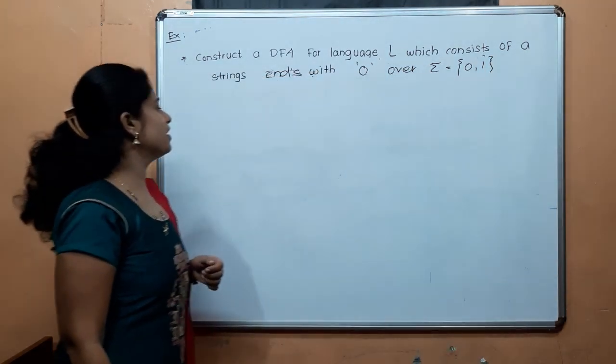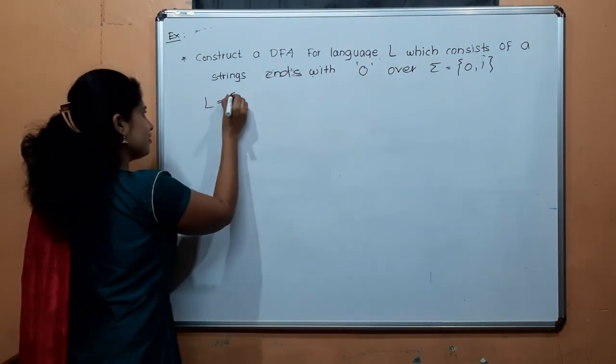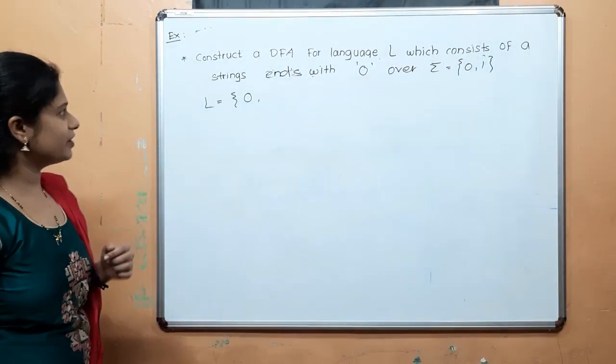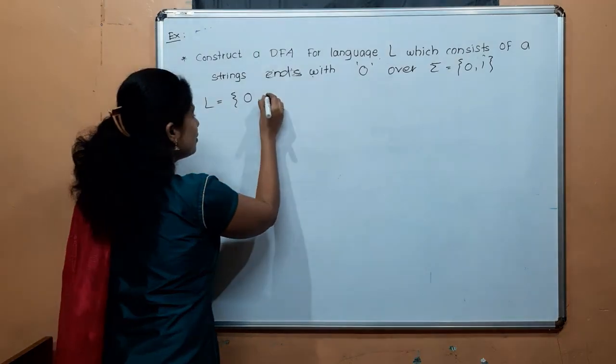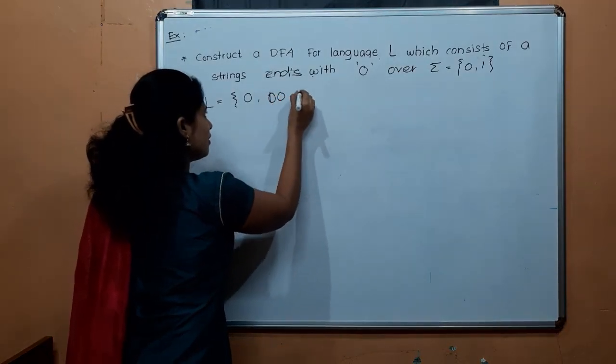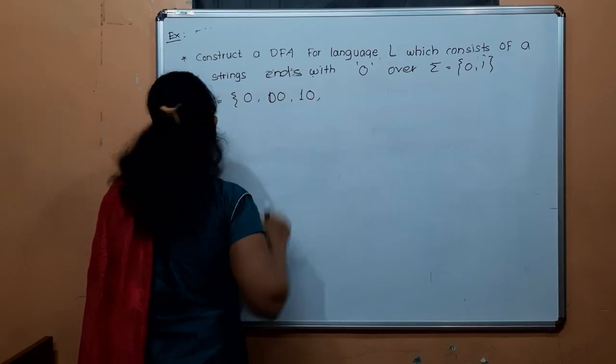Now see here, first we have to write the language. Okay, ends with what? 0. That's why the minimum string is 0. Ends with 0, then it starts with either 0 or 1.